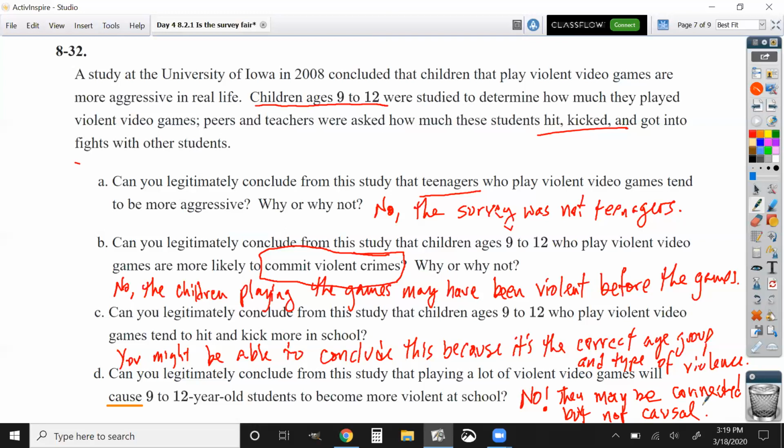The kids may have already been violent prior to the games. So I would say it's not causal. Now you could do further studies after this, and maybe you could find that there is a cause involved, but this particular question and survey that they did will not necessarily prove that it caused it.